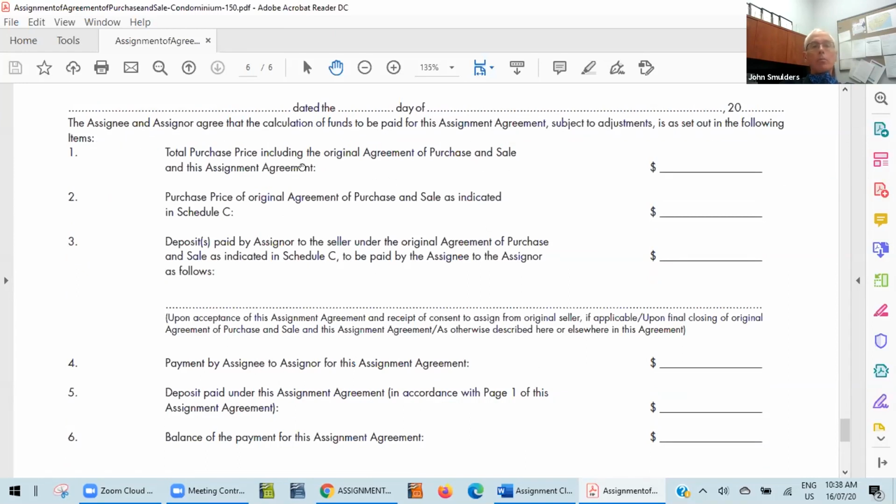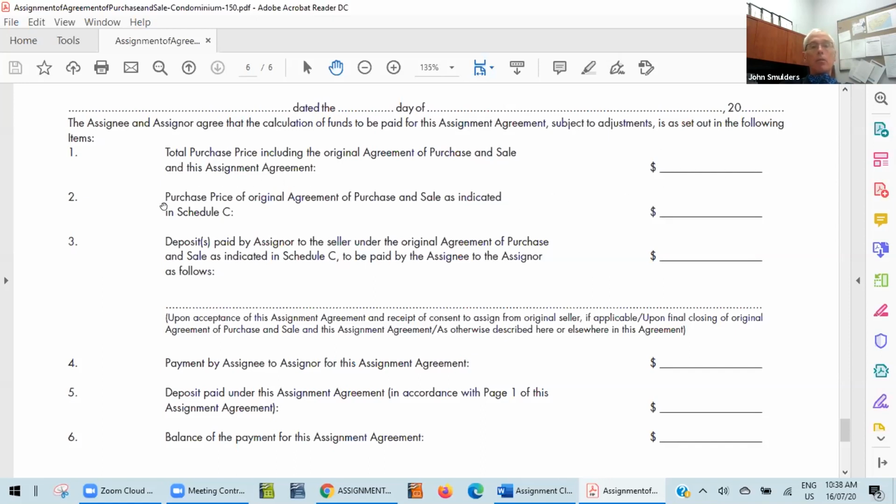The total purchase price, including the original agreement of purchase and sale and this assignment agreement. So this is basically what is coming from page 1, the total cost that the assignee is purchasing from the assignor. It includes the profit.